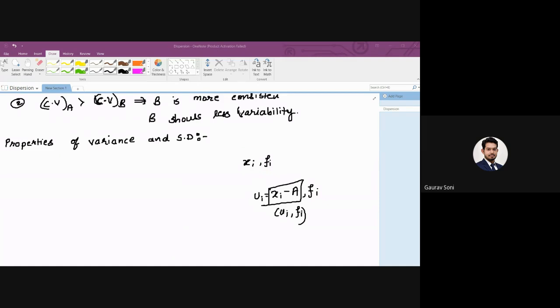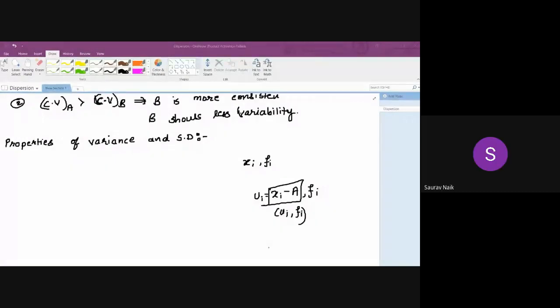Harshit? Yes, sir. Is it change of origin or is it change of scale? It's a change of origin. Change of origin. So do you think that the variance and the standard deviation will change if I change the origin? Yes, sir. Will change of origin affect standard deviation or the variance? Yes, it will affect the variance.